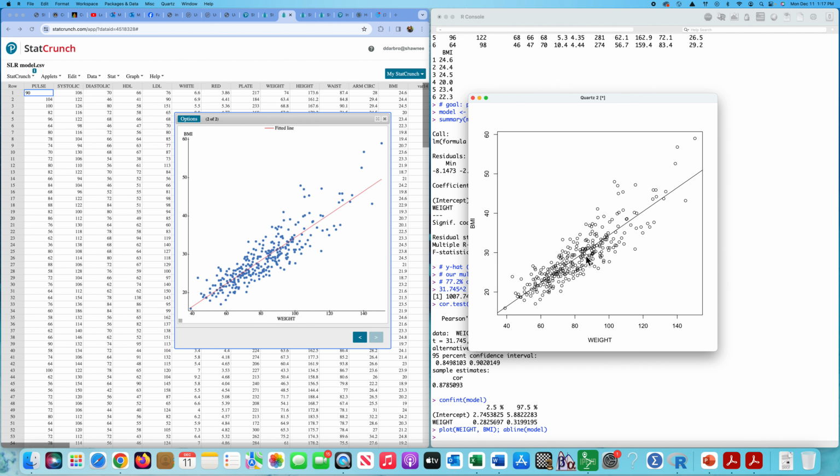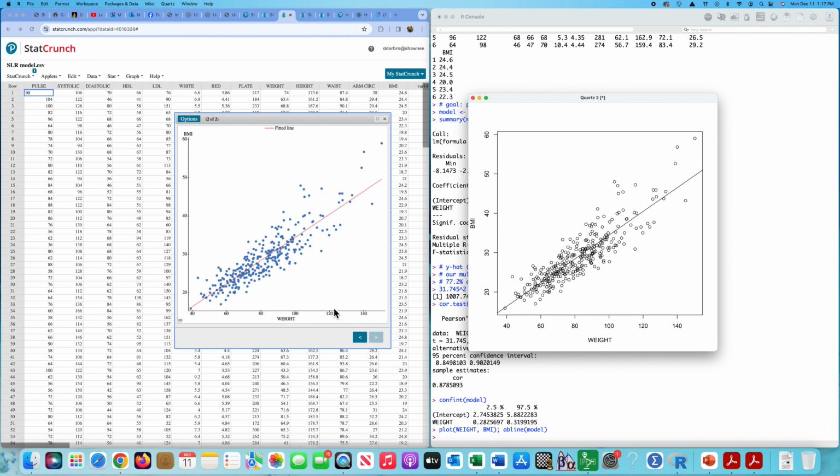You can see that eyeballing the tendency of the data, it fits nicely to a linear model. And I would feel, at least at this stage, very confident in making predictions of someone's BMI based on their weight from this model.